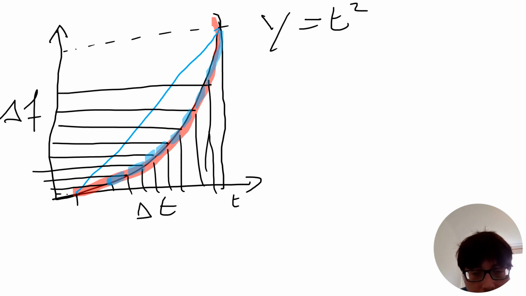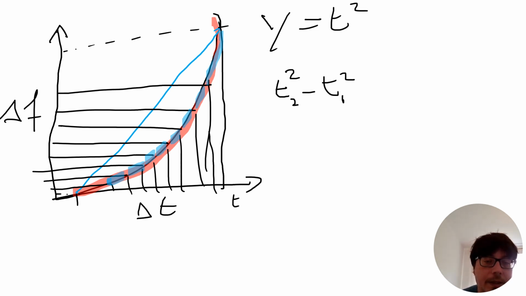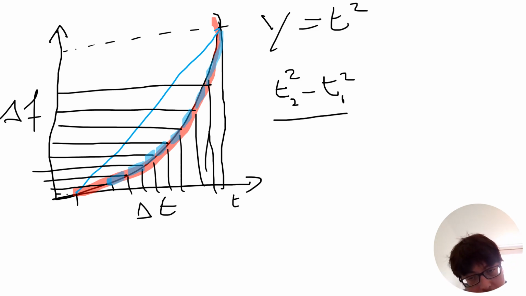So we take t squared evaluated at any point here. Let's pick a number, let's call it 2, just for the sake of it, minus t1 squared. This is the difference in the height of this curve, and we divide by t2 minus t1.